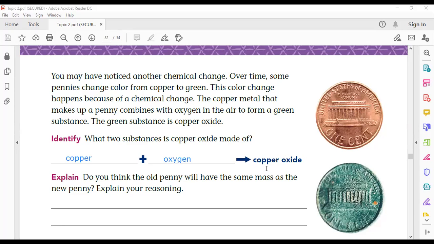How do we know that this is a chemical change or this is copper oxide? By the color. By the way, in grade 6, we will talk about chemical changes in more detail. For chemical changes in general, there are indications, there is evidence.